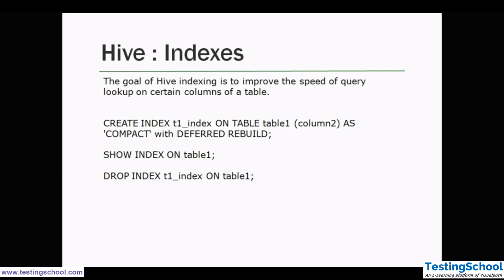Basically, the goal of Hive indexing is to improve the speed of a query. It is similar to the indexes that were available in SQL. In a similar manner, to improve the efficiency of your query, we create an index on a particular column in a table and we verify if it is taking less time to execute our query.